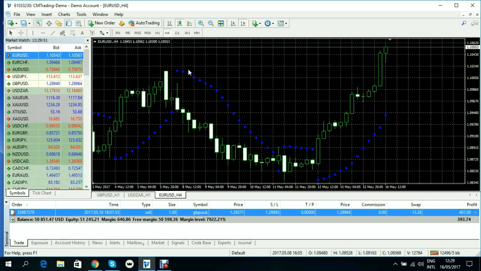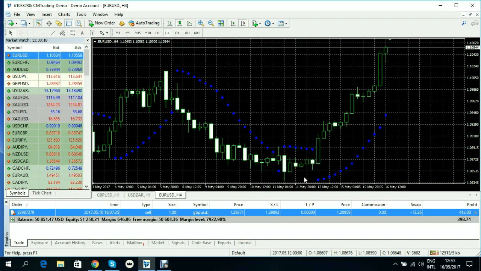When it appears above here, above the candlestick, then it is for what? A sell.